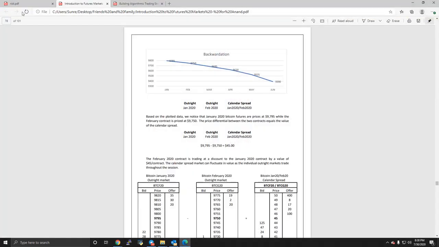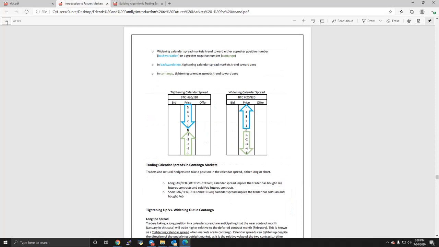And I discussed that in the book, I believe on page 75. Yes. So here we can see Bitcoin is the underlying market example, but the concept is the same. A tightening calendar spread that is in backwardation will trend towards zero. A tightening calendar spread in contango, going from negative, will go to zero.